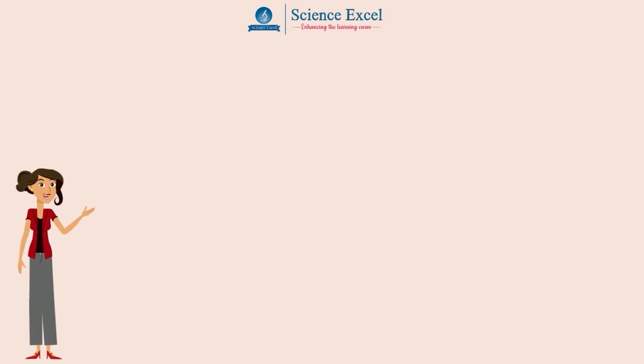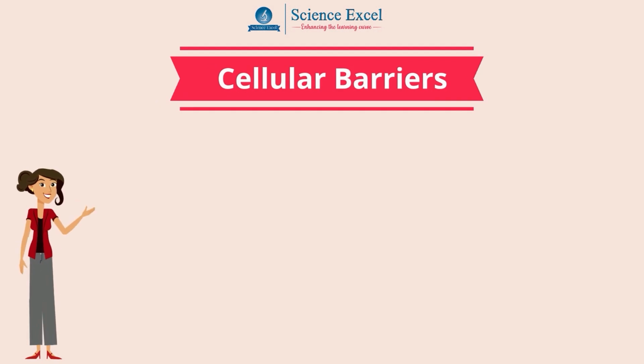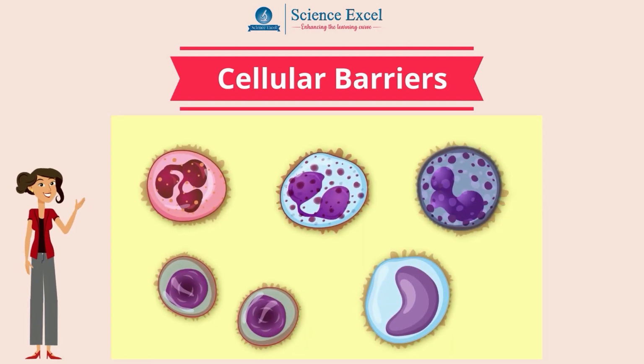Despite the mechanical and chemical barriers, certain pathogens manage to enter our body. When pathogens get through the mechanical and chemical barriers, the body uses the cellular barriers to destroy them. This involves a variety of different types of white blood cells.